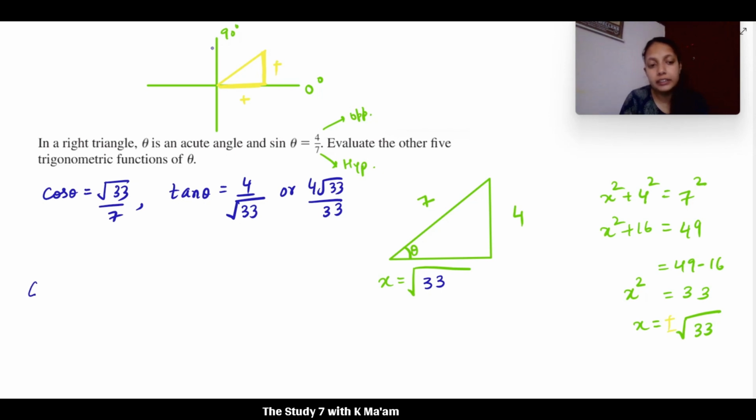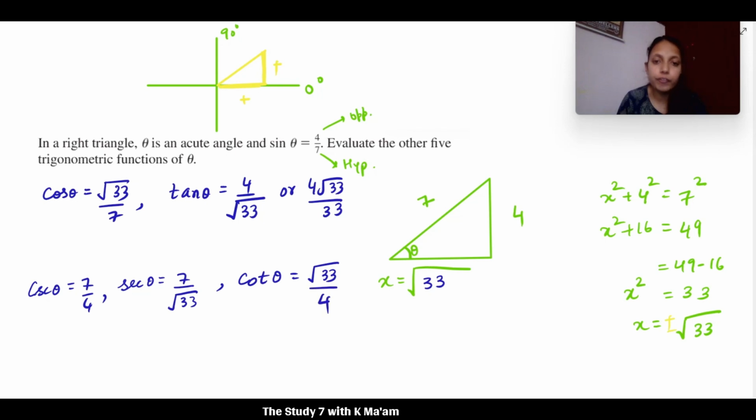Reciprocal of sine is cosecant, it is 7 by 4. Reciprocal of cosine is secant, 7 over square root 33. You can rationalize this. Cotangent theta is square root 33 over 4. We are done with this.